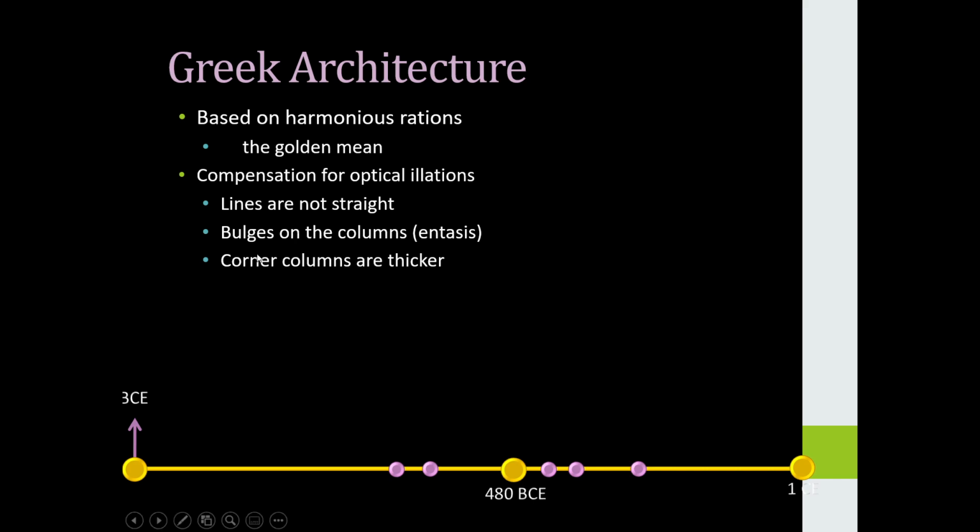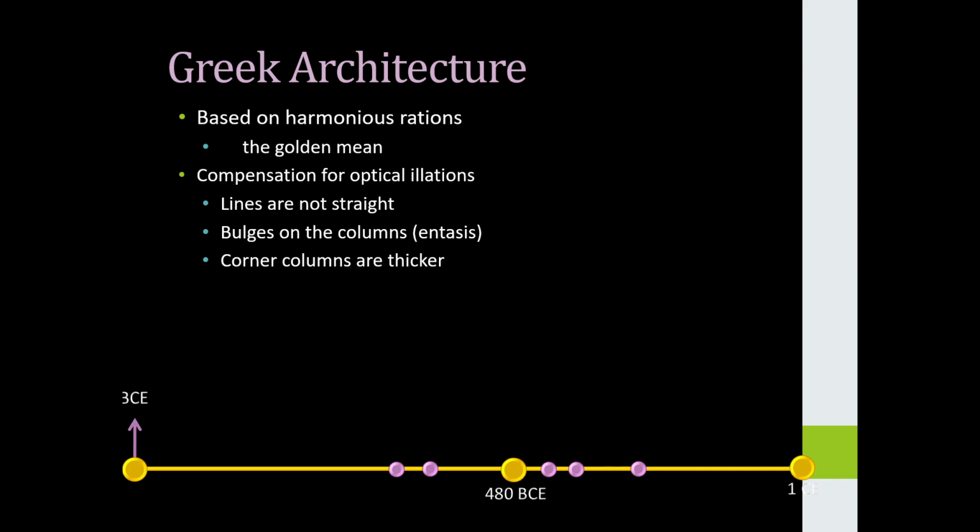Same thing with bulges. The columns will have a slightly larger bulge towards the top of the column. Why? Because when we see objects further up, they get smaller. So if they become thicker on top, they will look like they're even all the way through. And last but not least, if you're looking sideways at all the columns from the beginning to the end, most likely you won't be able to see the last one.